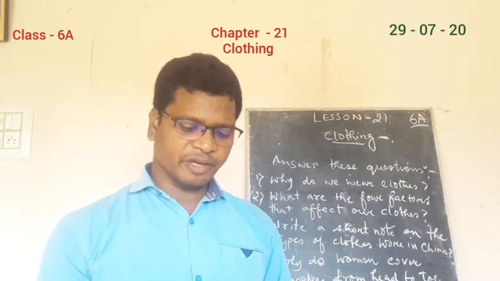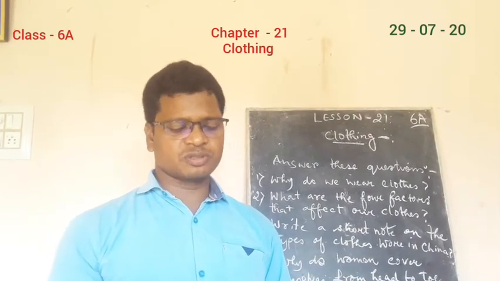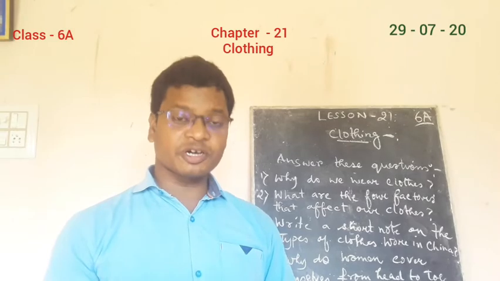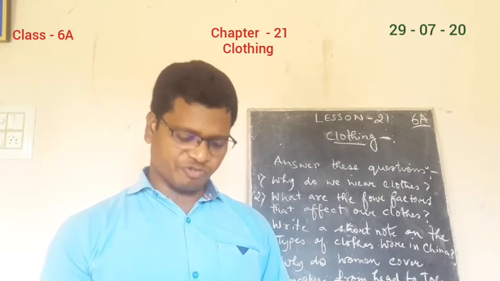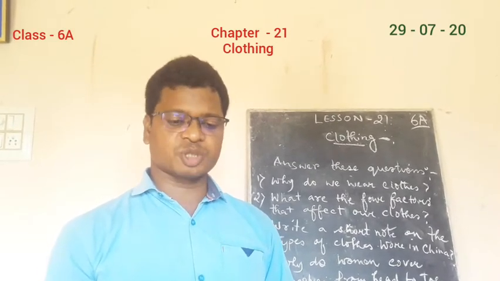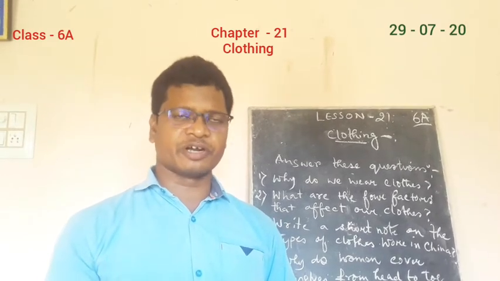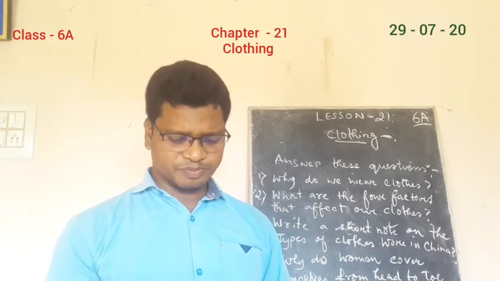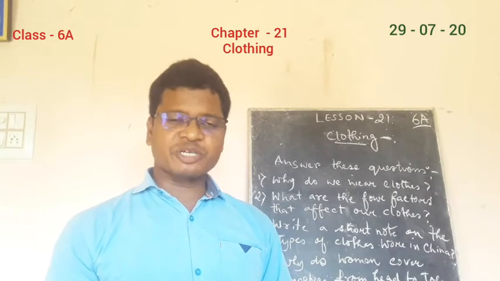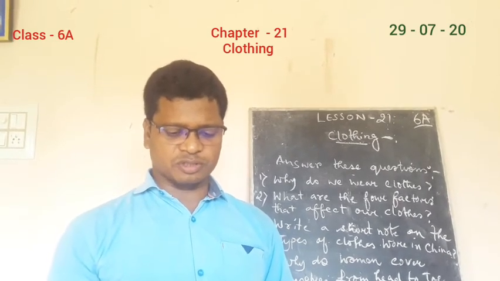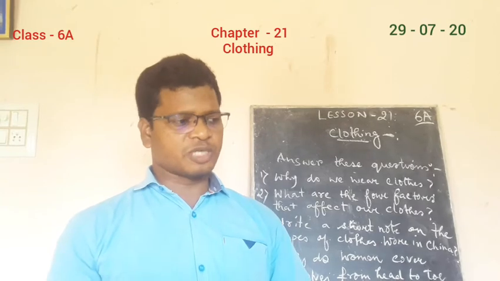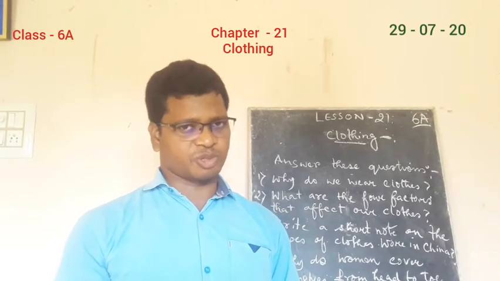Then religion, as we see in the book, people belonging to different religions wear different kinds of clothes. And according to financial status also we wear different kinds of clothes. There we can distinguish whether a person is rich or poor.